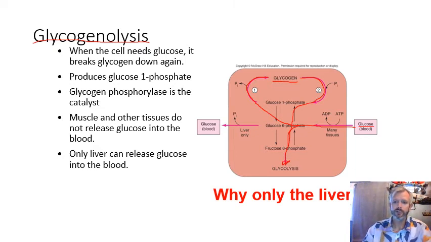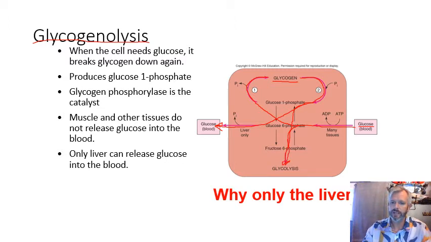But the liver can break down glycogen and release the glucose out into the blood. The muscles have big stores of glycogen, but they're going to use it for their own needs. They're selfish, and they're going to break glycogen down to glucose to use for glycolysis.